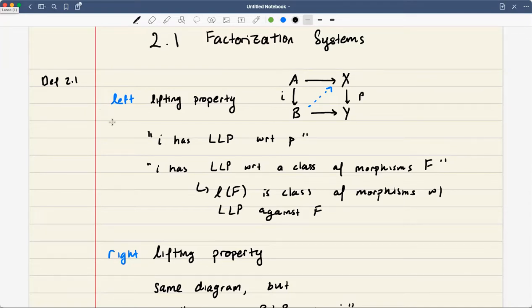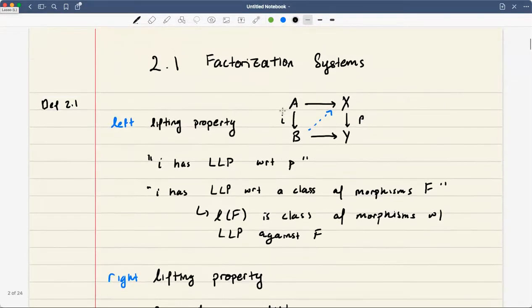To start with, we have the left and right lifting property, which are the blue arrow I'm drawing here. They're the same diagram, just two ways of looking at the same thing. So the left lifting property is a property that this morphism on the left will have, and the right lifting property is the one that the morphism on the right will have.